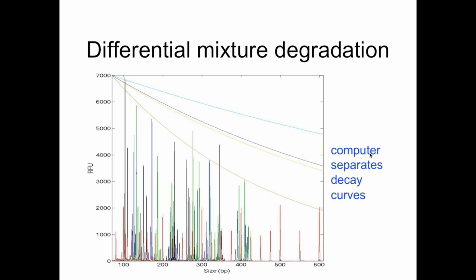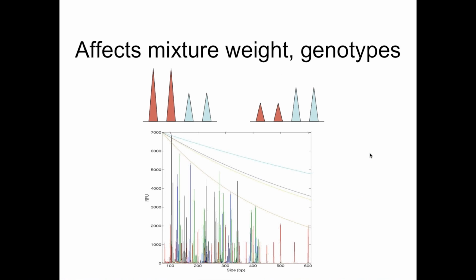The least decay is shown on top in a cyan color, and the most decay is shown with a bottom decay curve in brown. And these different amounts of decay will change the apparent peaks and their heights based not only on mixture weight, but also on the amount of decay.